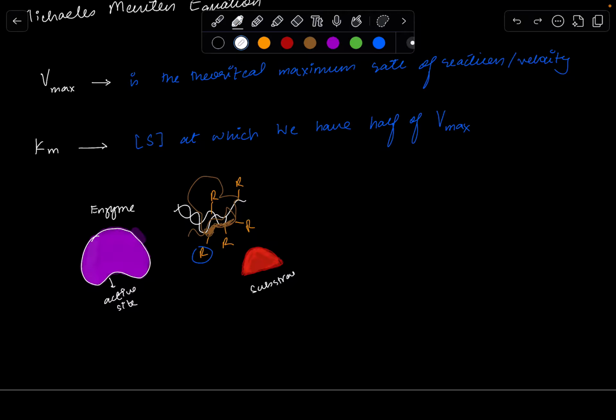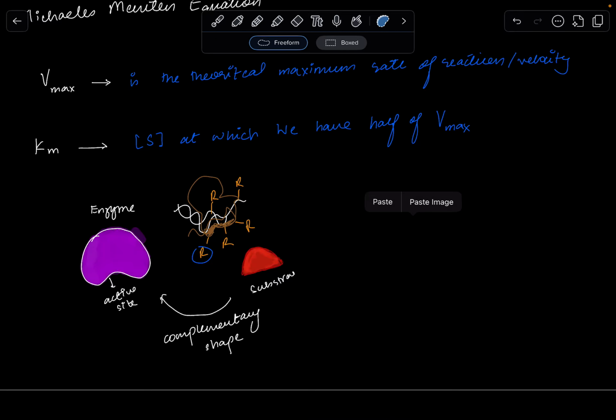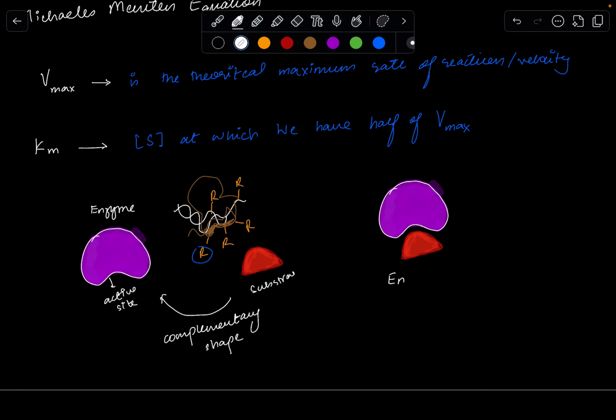But if the substrate has the complementary shape to the active site, it will form what we call an enzyme substrate complex.